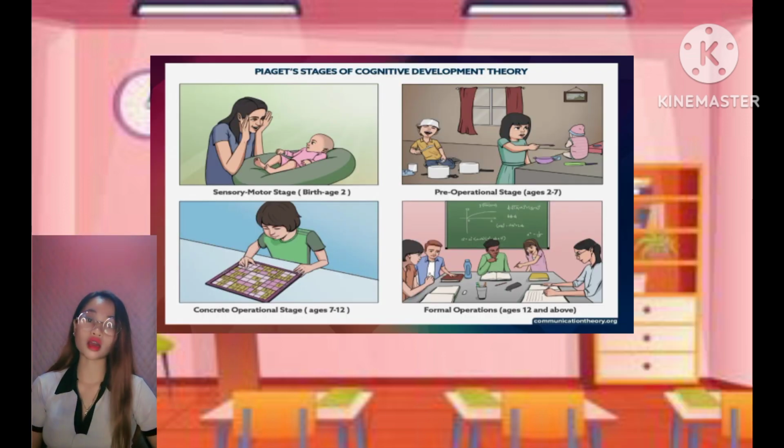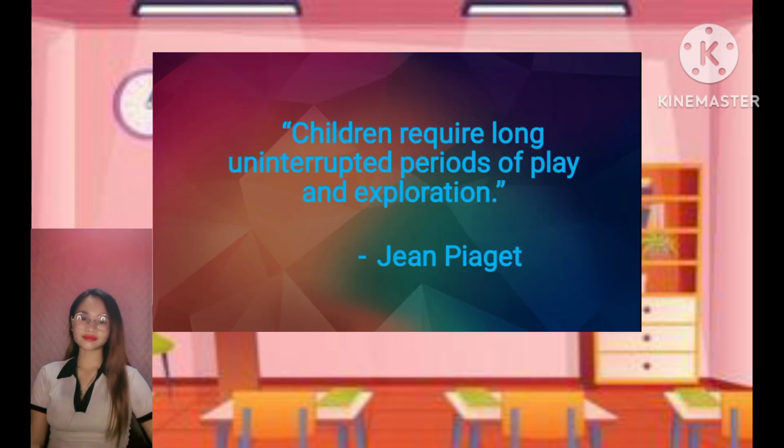The implication of Jean Piaget's theory is the adaptation of instruction to the learner's developmental level. It is important to match the content with the development level of the learners. The teacher's role is to facilitate learning by providing a variety of experiences for students.